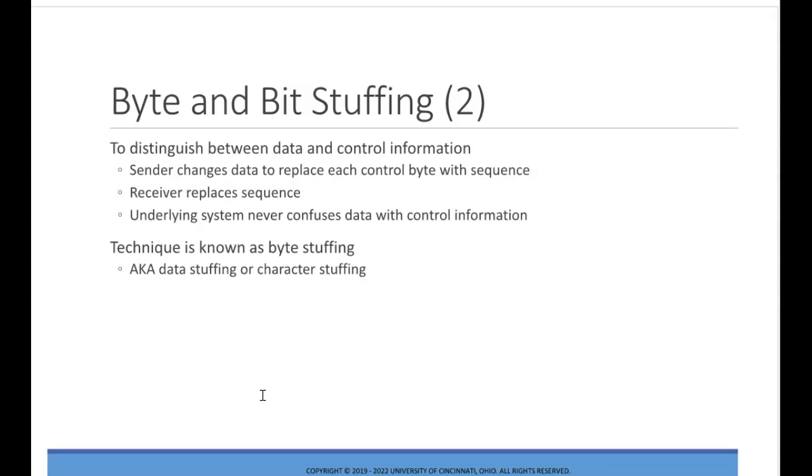This added content is understood by both the sender and the receiver. The receiver replaces the added sequences with the original data bytes. As a result, a frame can transfer arbitrary data, and the underlying system never confuses data with control information. The technique is known as byte stuffing. It is also called data stuffing and character stuffing.